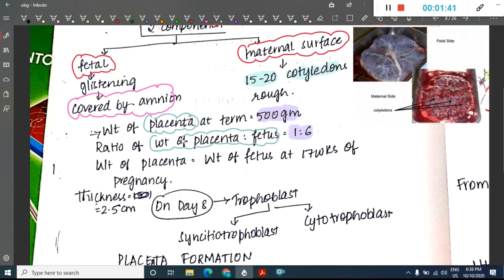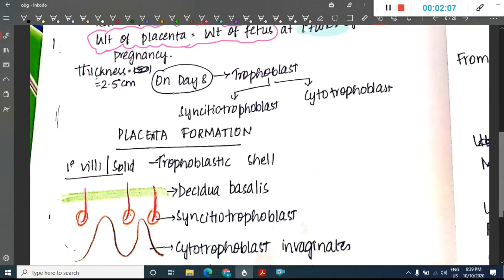Weight of placenta is equal to weight of fetus at 17 weeks of pregnancy. Thickness of placenta is 2.5 centimeters.